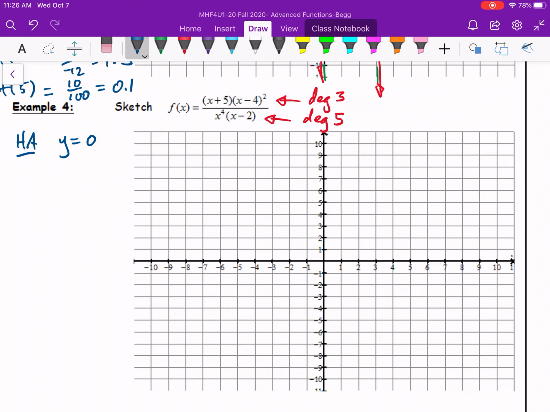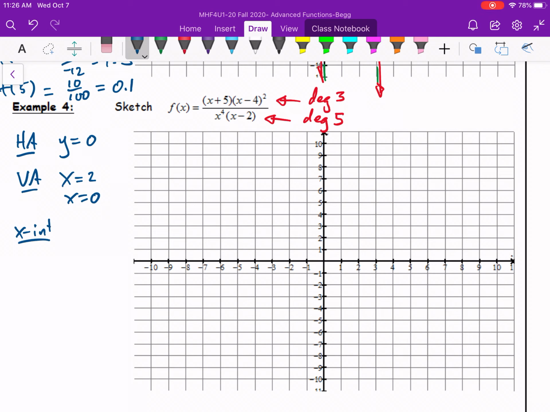Vertical asymptote, there's no holes. All right, I pre-checked this time. So the vertical asymptote is going to occur where the denominator equals 0, x equals 2, and x equals 0. So again, we got 2 of them. X-intercepts. So whatever's going to make the numerator equal 0.